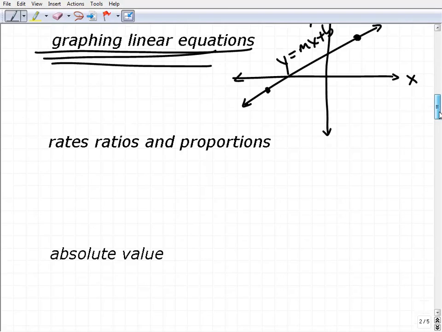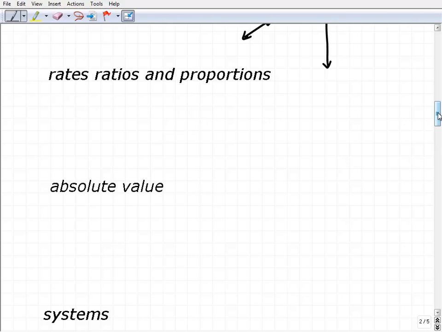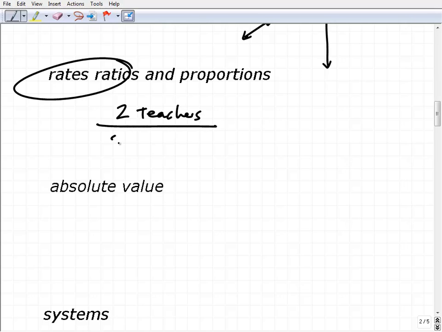All right, let's move on to our next topic: rates, ratios, and proportions. Rates and ratios are essentially fractions with particular units of measure. An example of a ratio would be 2 teachers for every 50 students.